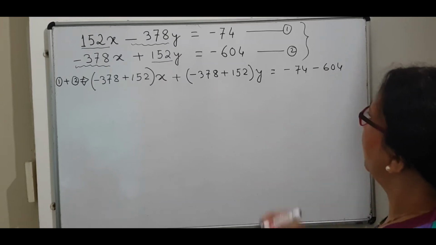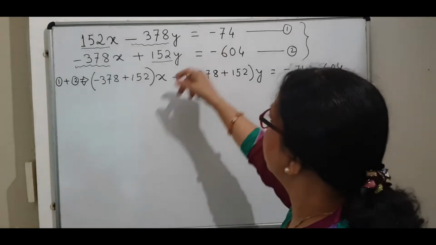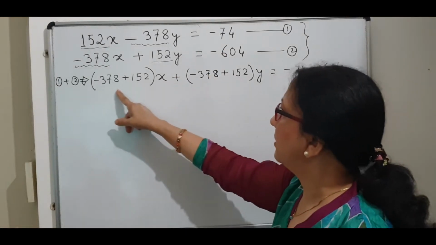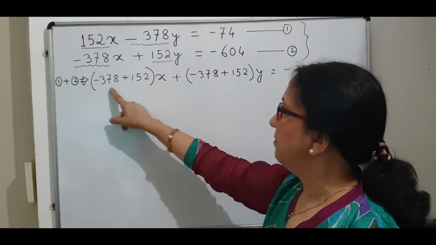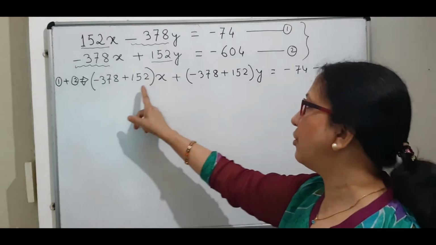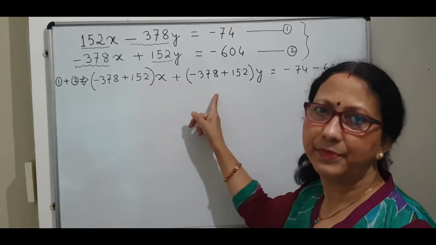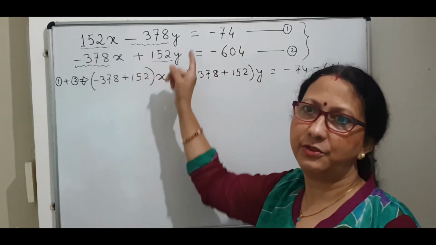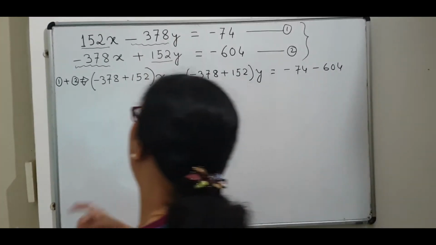That means we are adding the equations. What you observe, look at the coefficients of x: minus 378 plus 152, they are also the same. So the coefficients of x and y will become the same if I add, because of this interchanging feature. So let's do this now.